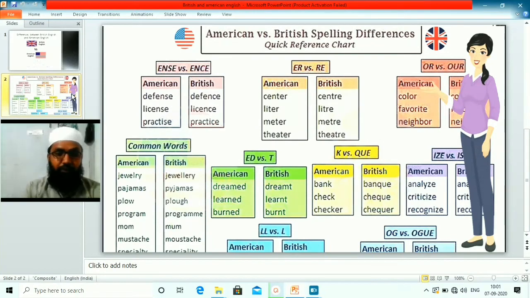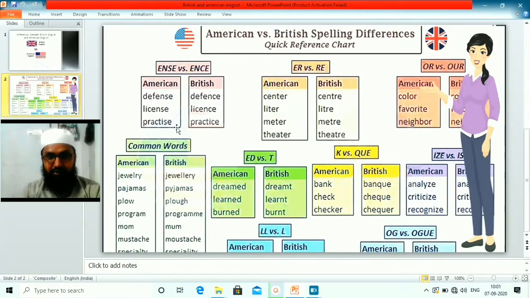Here you can see how British English differs from American English. The first difference is just by changing the last letter. In American English we use S, and in British English we use C.